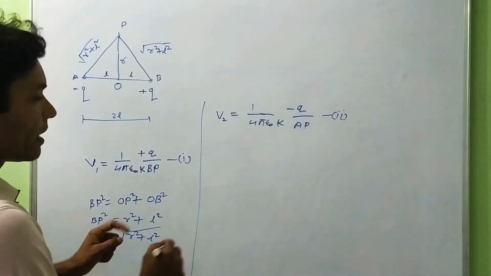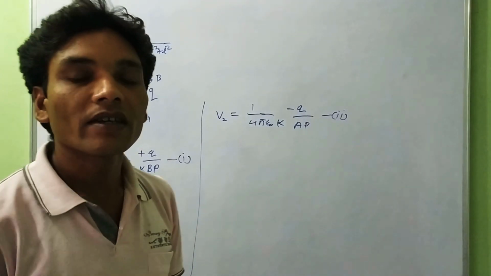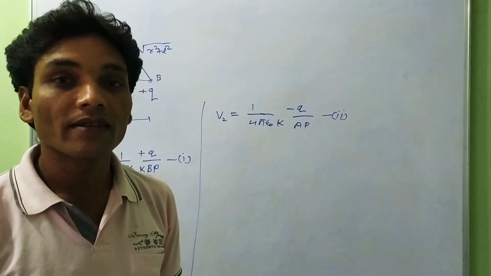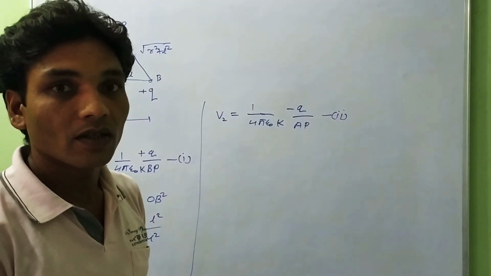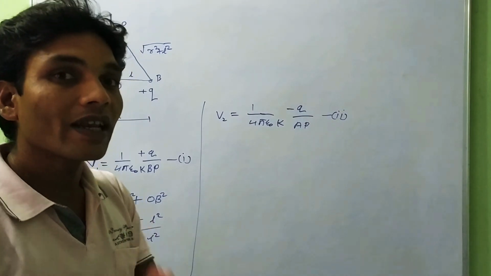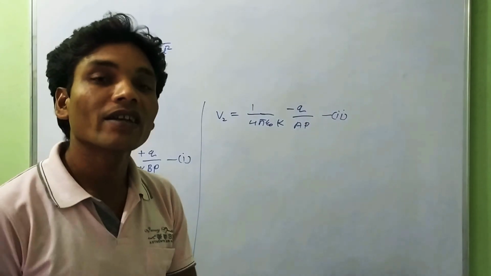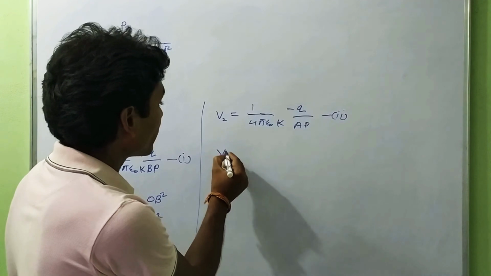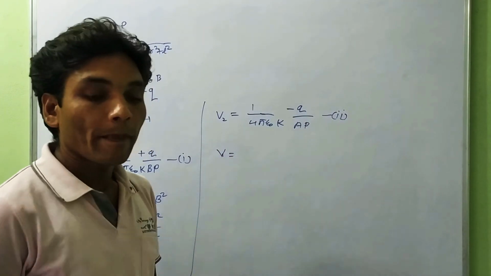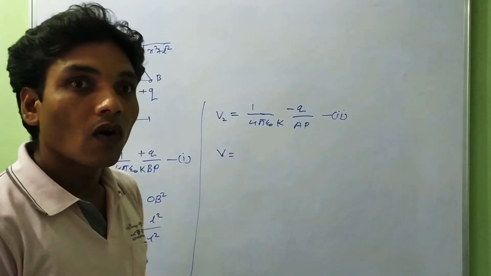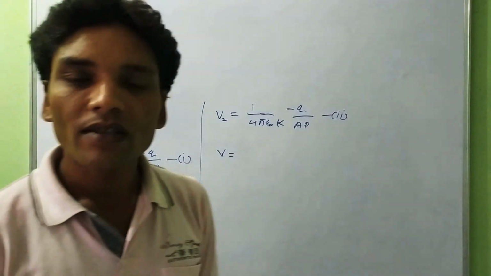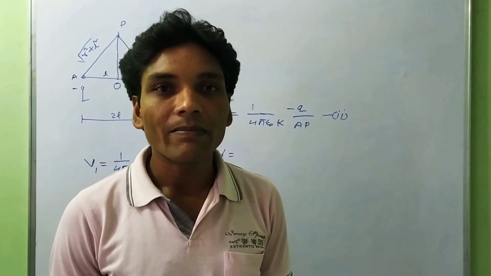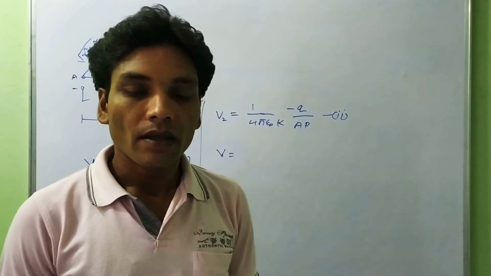Now we have to find the total electric potential due to electric dipole at that point. So the resultant electric potential will be V equal to the algebraic sum of V1 and V2. What is the algebraic sum?